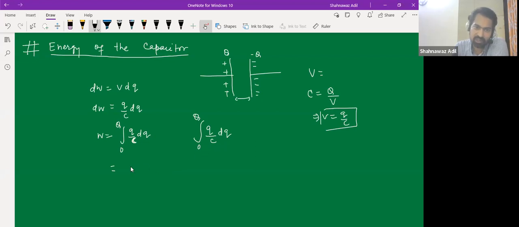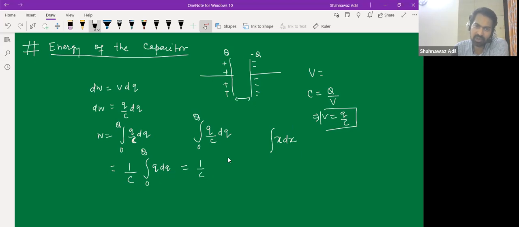C is constant, so it is outside, and you have this simple integration of Q dq from 0 to Q. You have done complex integrals; this is a simple one, x dx. So will it be 1 by C into Q square by 2? Yeah, Q square by 2.